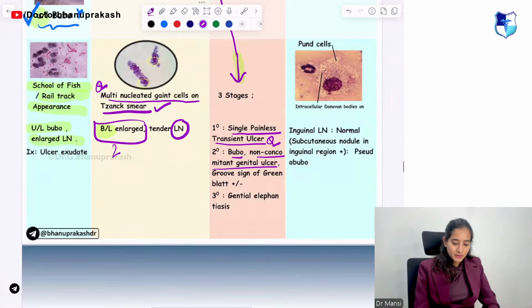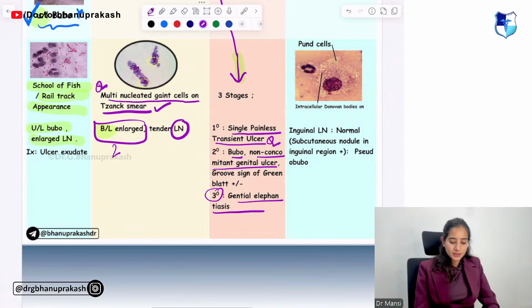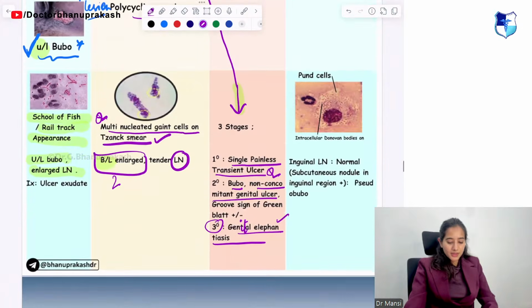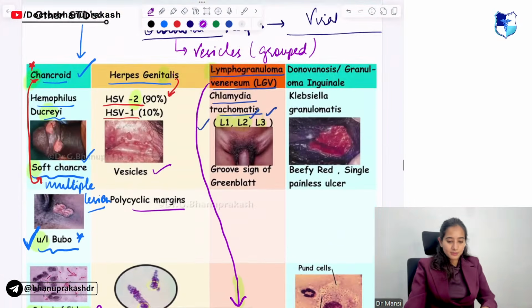In the third one, there is the tertiary variant, where genital elephantiasis will be seen. Correct the spelling. So the microbe is further invading, leading to genital elephantiasis in them.